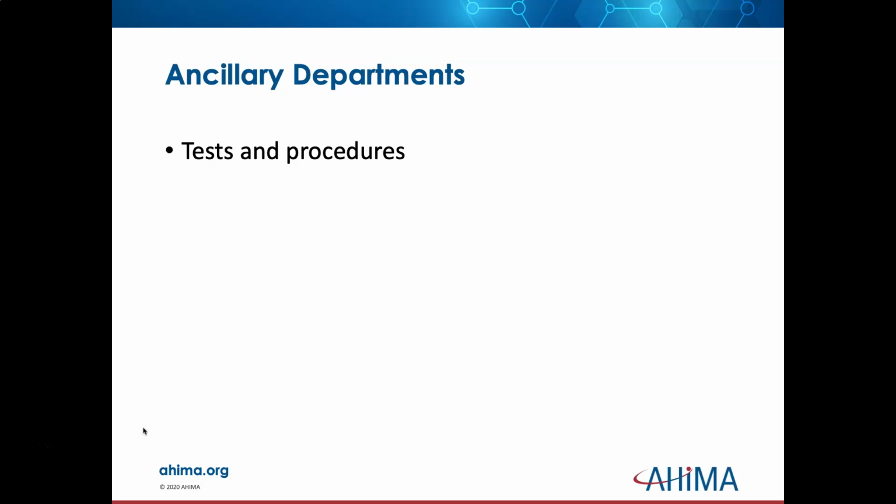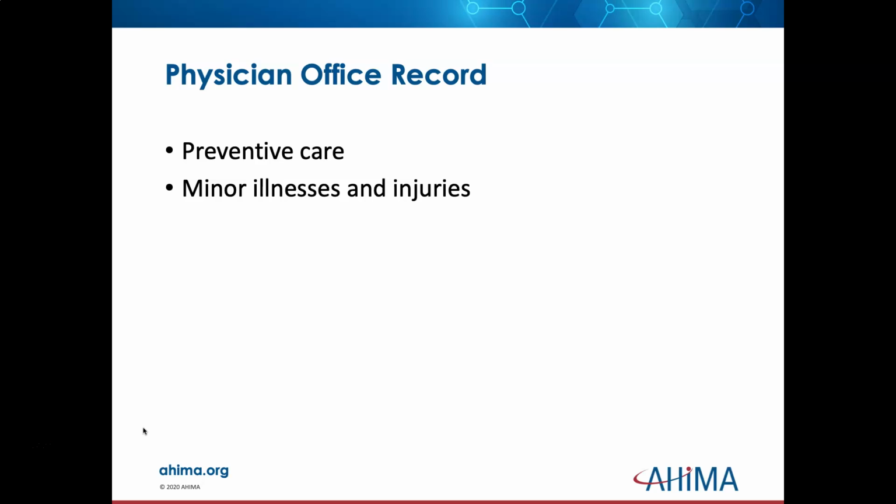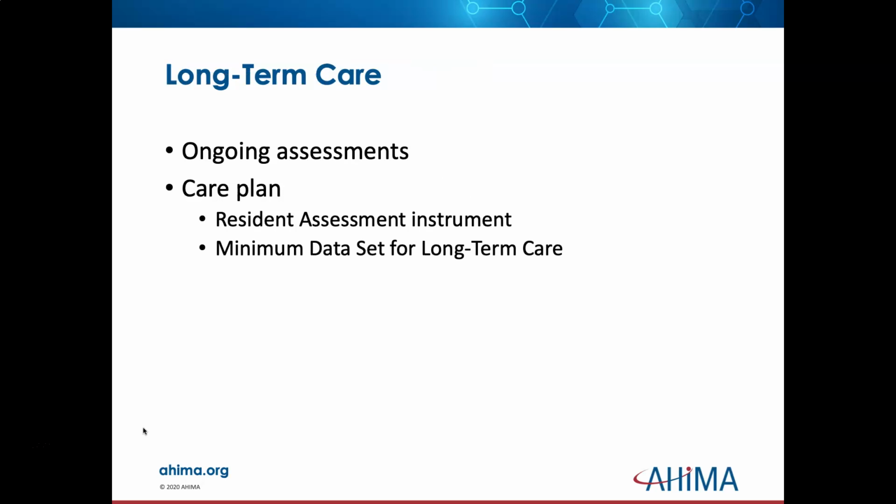So that's really pretty much just an order and the consent and the procedure report and any prep notes, if there are any, for more complicated treatments. A physician office record includes preventative care, and then whatever illnesses and injuries are addressed at the physician office setting. Long-term care, they have a lot of ongoing assessments.